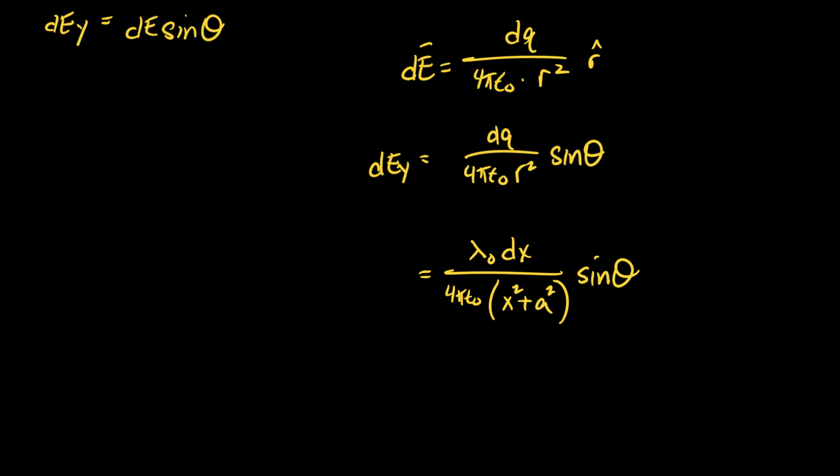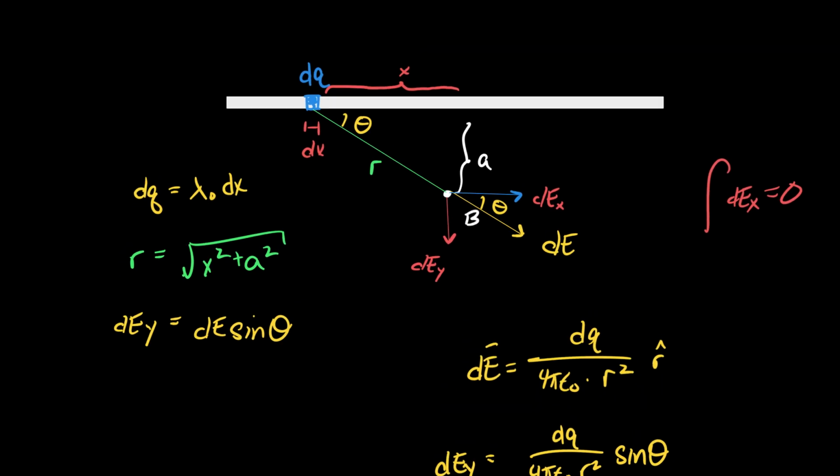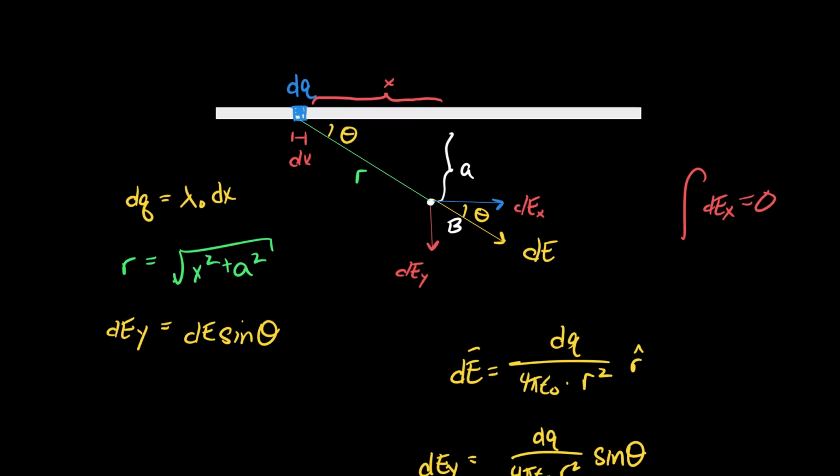I think it's easier to get this all in terms of theta, but we need something to express theta differently. So when I look up here, sine of theta would be a over r. So I'm going to do that. Sine of theta is a over r, which is x squared plus a squared to the 1/2 power.